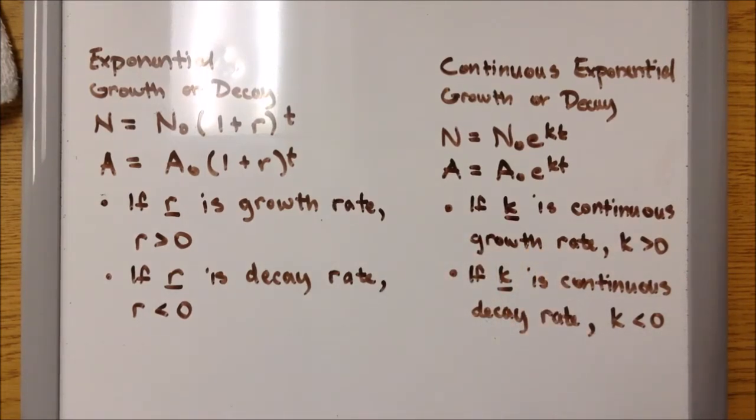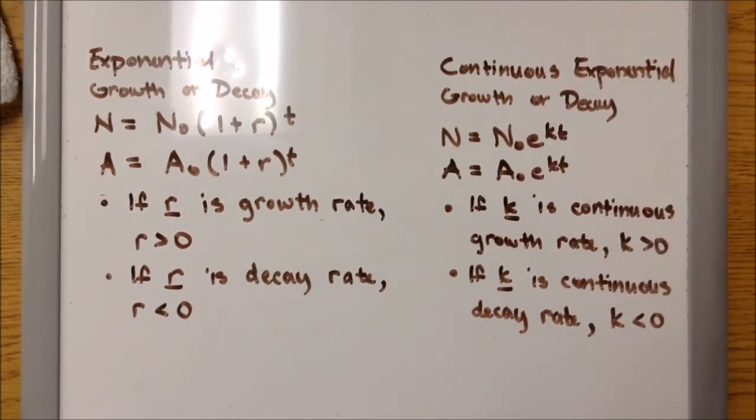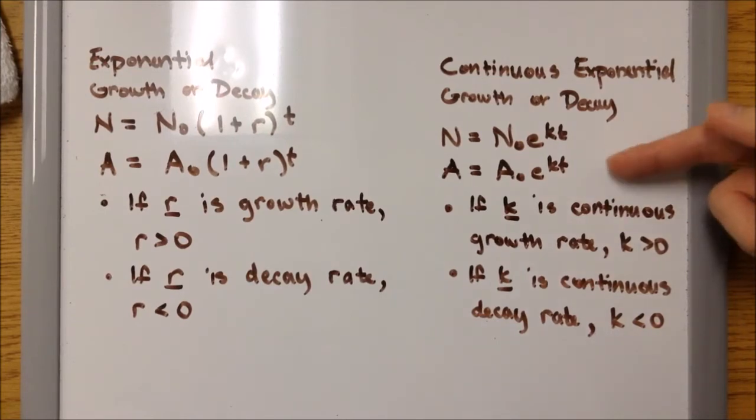Now, the key word to determine when to use this formula is continuous. So if a problem tells you to find the amount after a continuous rate, then you would use this formula.